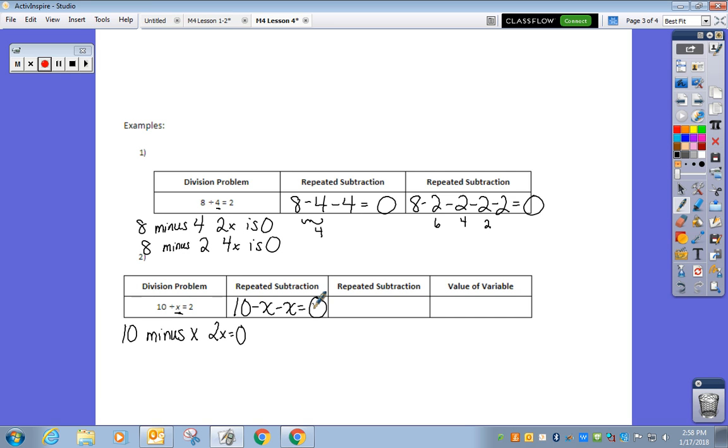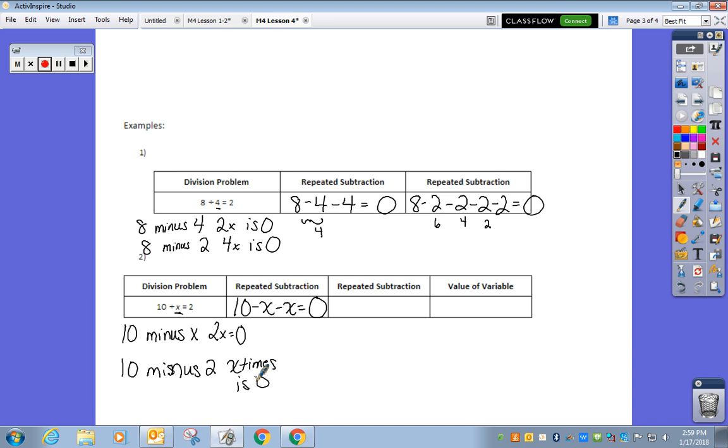We can also look at this as 10 minus 2, minus 2, x times is 0. So in order to figure out what x is in this case, and we're going to pretend we don't know what x is, we can keep subtracting 2 from 10 and see how many times we subtracted it to get the value of x.